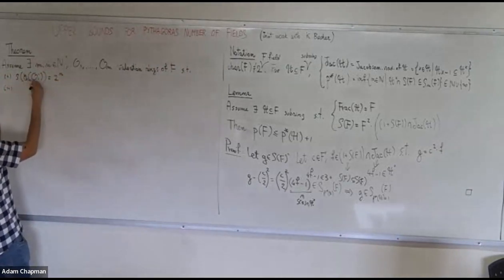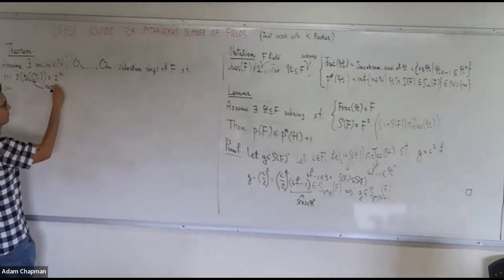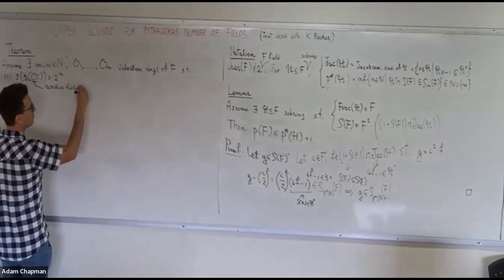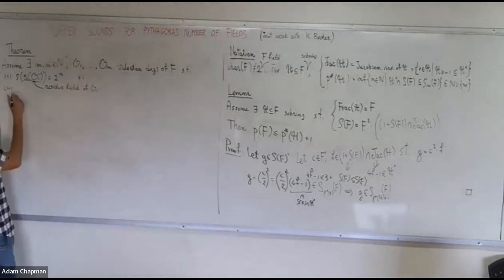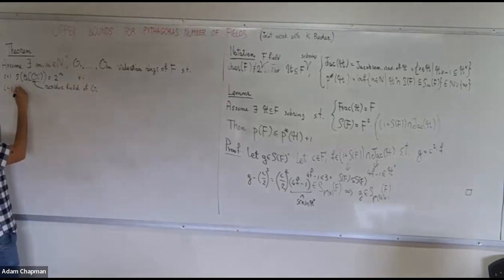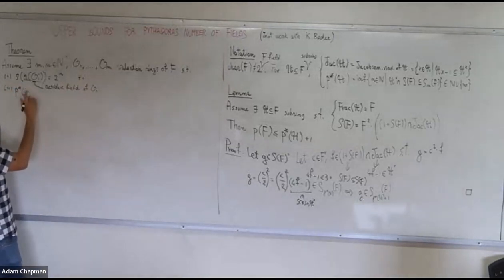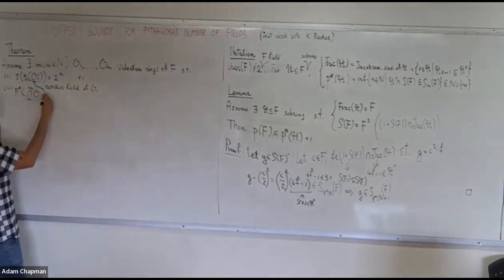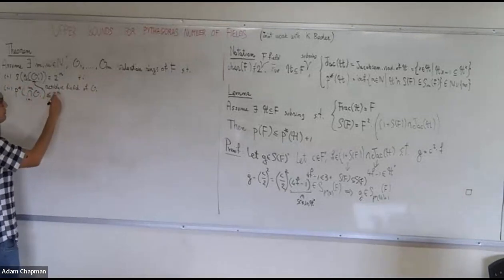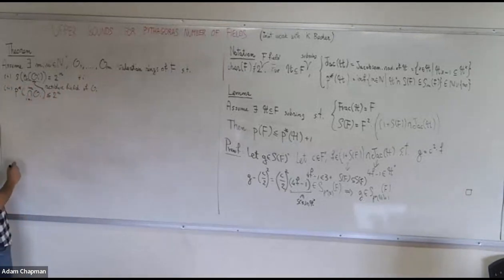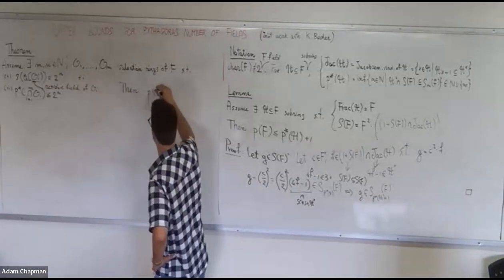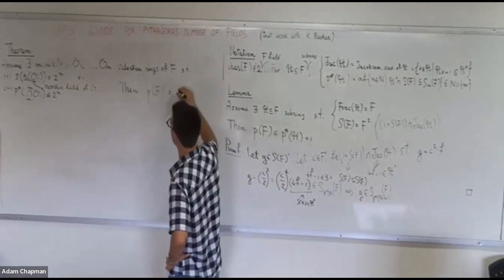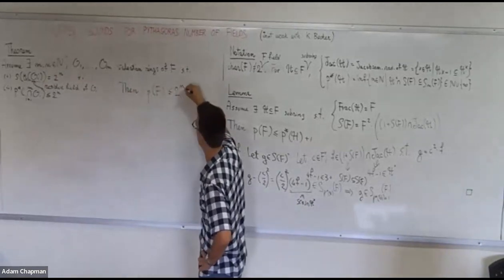By this field, I mean the residue field. And second, we want the P star of the intersection of these valuation rings to be at most 2 to the n. Then we find that the Pythagoras number of F is at most 2 to the n.